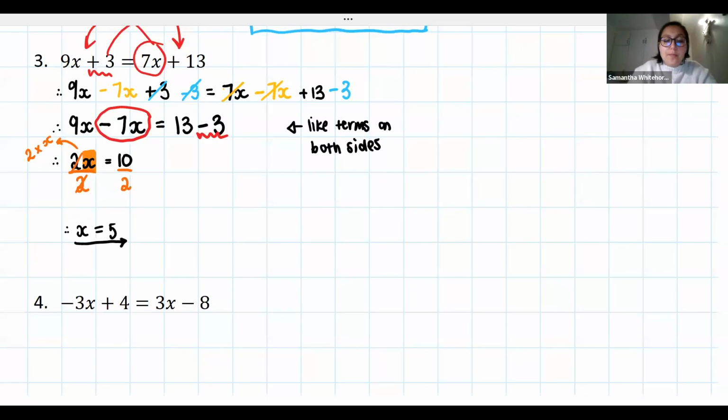So question 4: minus 3x plus 4 is equal to 3x minus 8. Remember those inverse operations. And remember, we only change signs when we move it over the equal sign. That is the only time that pluses become minuses and minuses become pluses. That's it. Right, so give this a try.